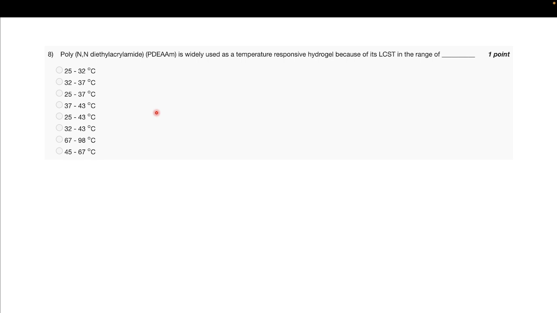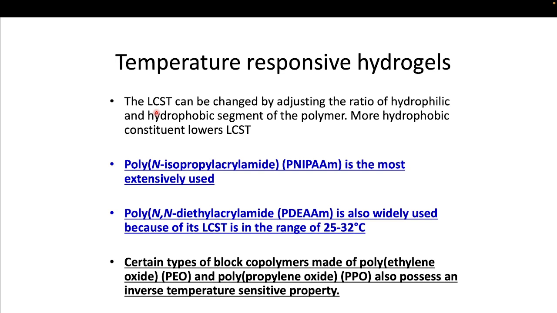Anybody else trying to answer? Okay, yeah. I think both of you are answering the same option. So yeah, you are correct. This particular polymer has LCST in the range of 25 to 32 degrees Celsius. It's a pretty straightforward question actually, nothing to discuss. You can get this information in the slides as well.